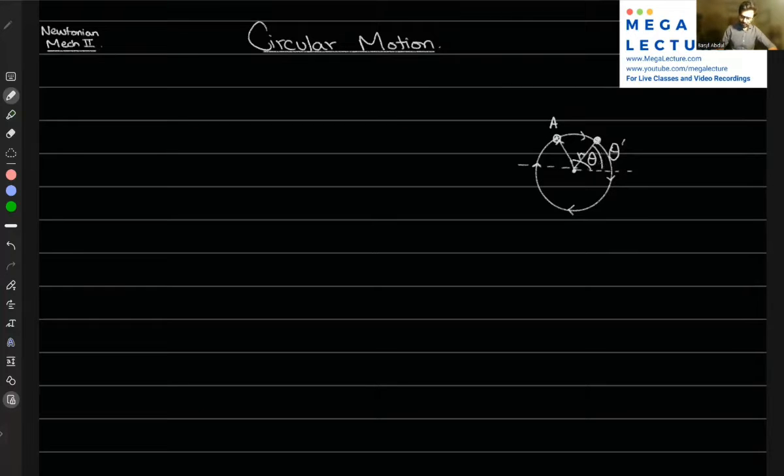Now, we can measure this angle theta in different ways. We are familiar with the degree measurement, right? So we know how to measure angles in degrees. And so we say that when an object starts its journey at point A and it travels all of this distance and comes back to point A, it has covered the angular displacement of 360 degrees. So this is one complete revolution.